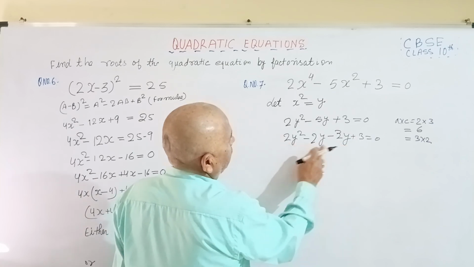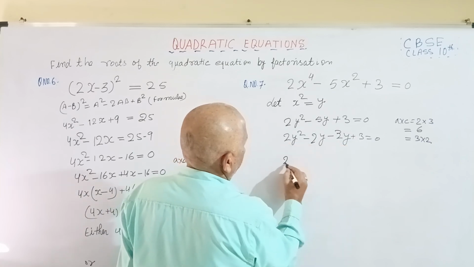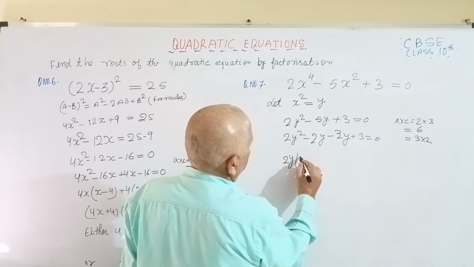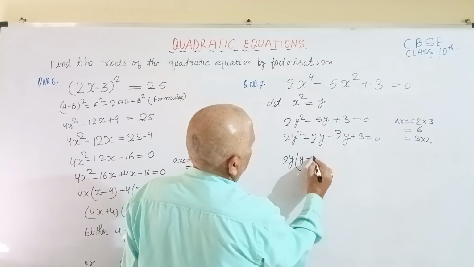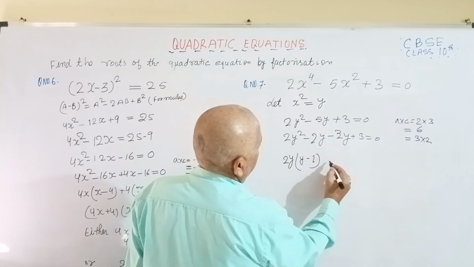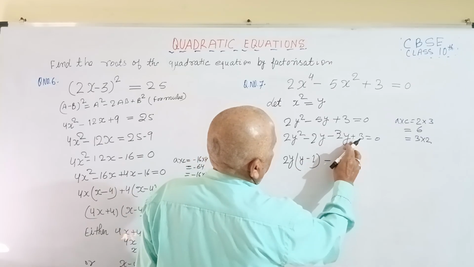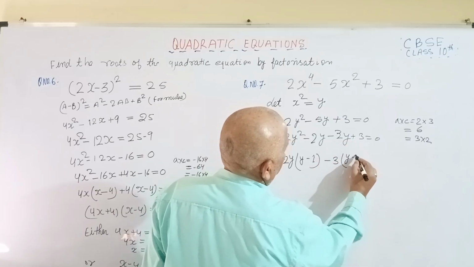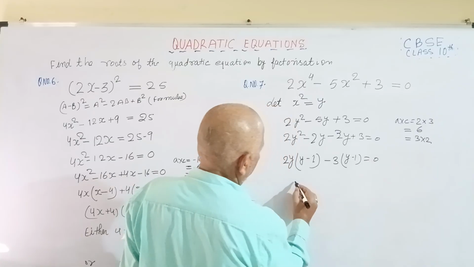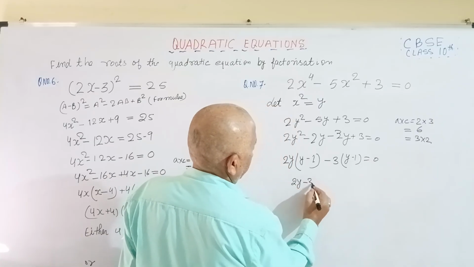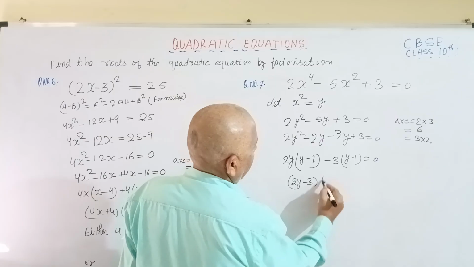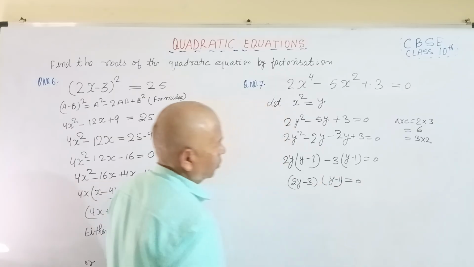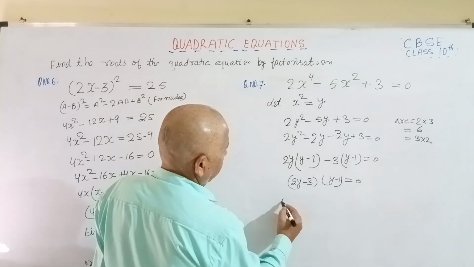So 2y square minus 2y, common is 2y, y minus 1, minus 3 and plus, so it is minus 3. We will get y minus 1 equals 0. Or (2y minus 3)(y minus 1) equals 0.